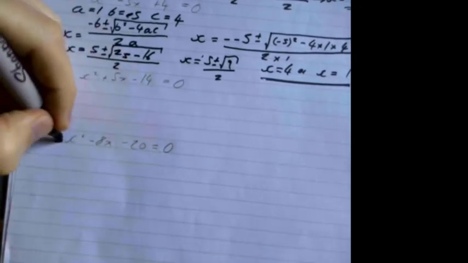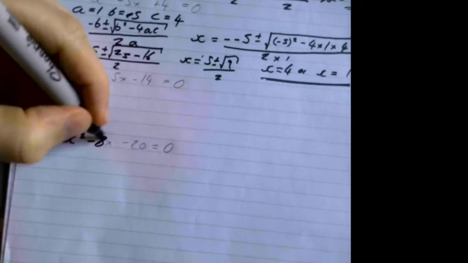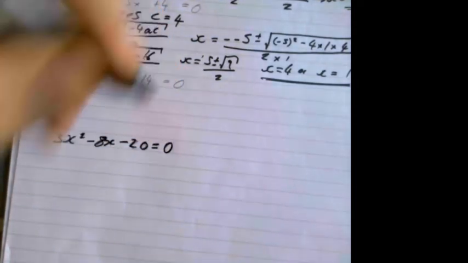So let's make it 3x squared minus 8x minus 20 is equal to 0. Alright, I'd like you to write down what a is equal to, b is equal to, and c is equal to, and then click play again. Pause, what's a, b, and c, and then play.